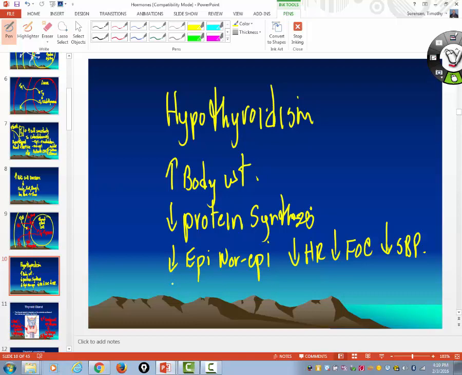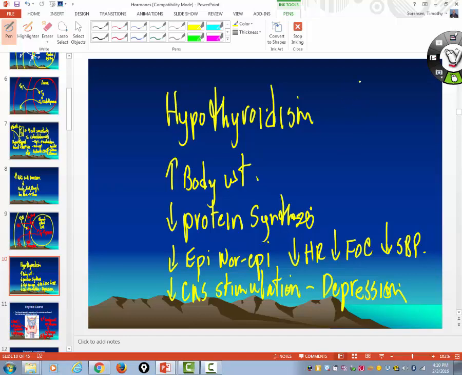And they will have decreased central nervous system stimulation. So in severe cases, it can lead to depression. These people are tired all the time. They're sleeping all the time. And in really severe cases, you will start getting what's called mucopolysaccharides and some protein.